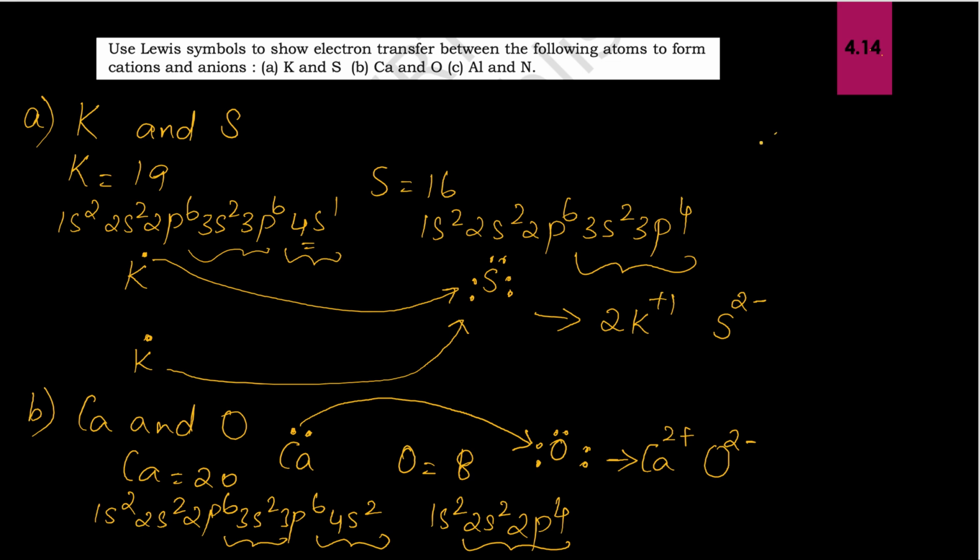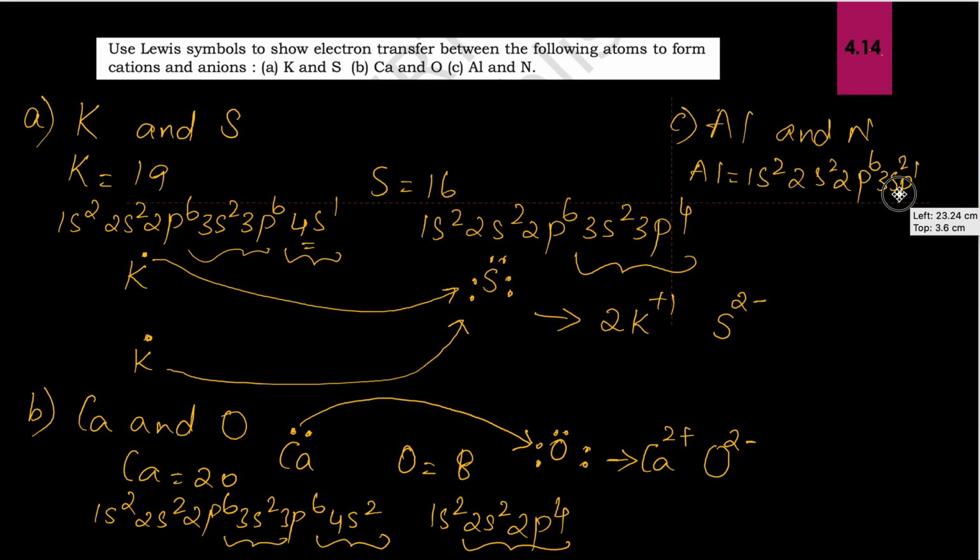And the last one is aluminium and nitrogen. Aluminium is 13, so that makes it 1s2, 2s2, 2p6, 3s2 and 3p1.